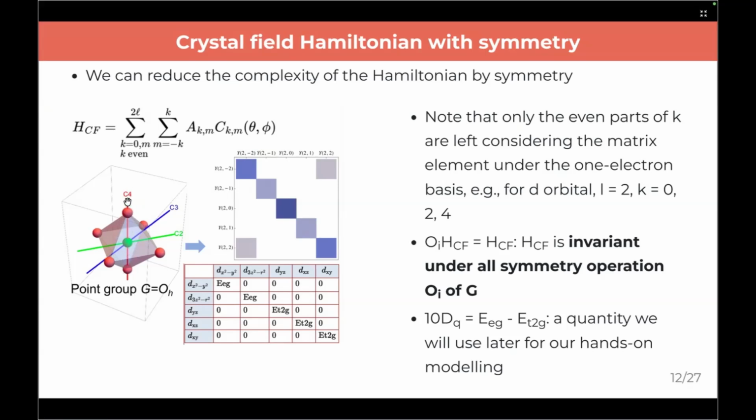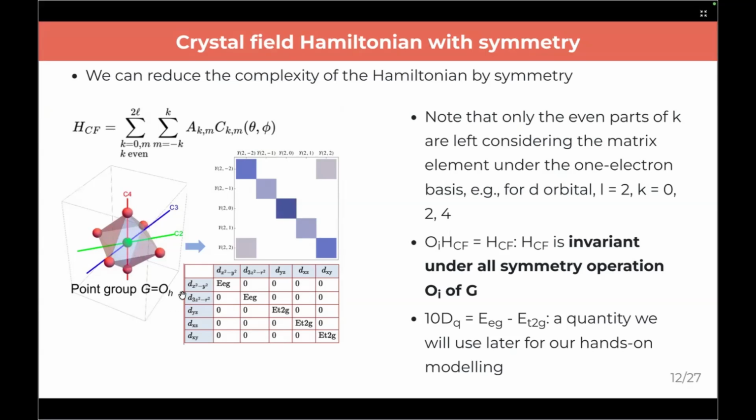If you rotate the octahedron by 90 degrees, it will go back to itself. So in the Oh point group, it has all the symmetry operations that leave the crystal invariant.